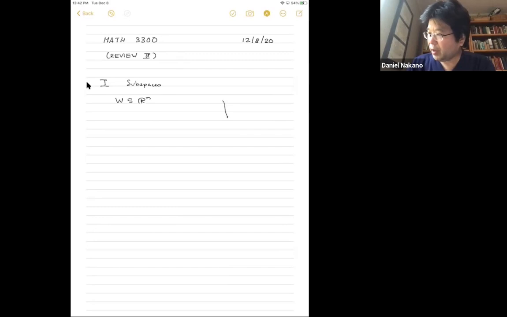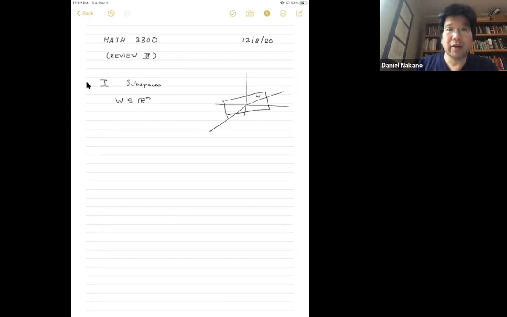A subspace looks like a plane, for example, which goes through the origin. So this is like W over here. And what properties do we need for a subspace? Well, we know that when you take vectors, you can add them and multiply them by a scalar.